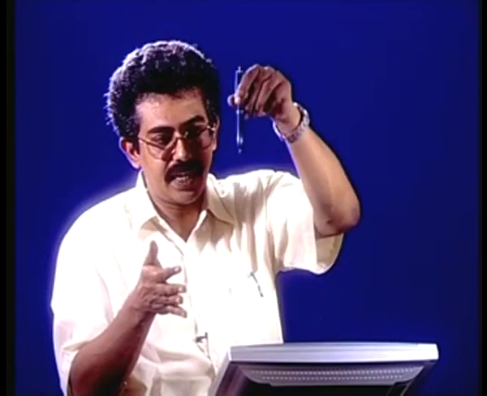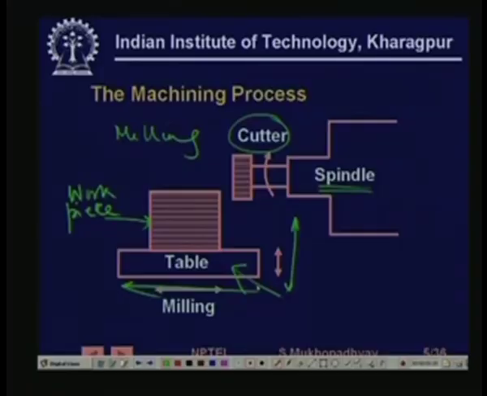So, the tool in this case has a high speed rotation and it can also move along one axis, while the job can have a 2-dimensional motion, right.